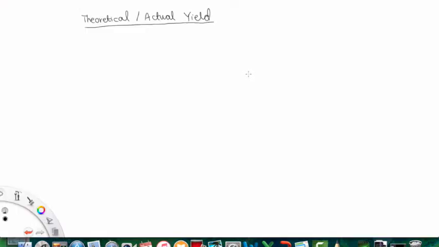So now that you guys were able to do a limiting reactant problem, now I wanted to jump in with a theoretical and actual yield calculation. So the theoretical yield is the maximum amount of product which can be produced in an ideal world. So in the real world, it's actually really difficult to produce the same amount as obtained for the theoretical yield.